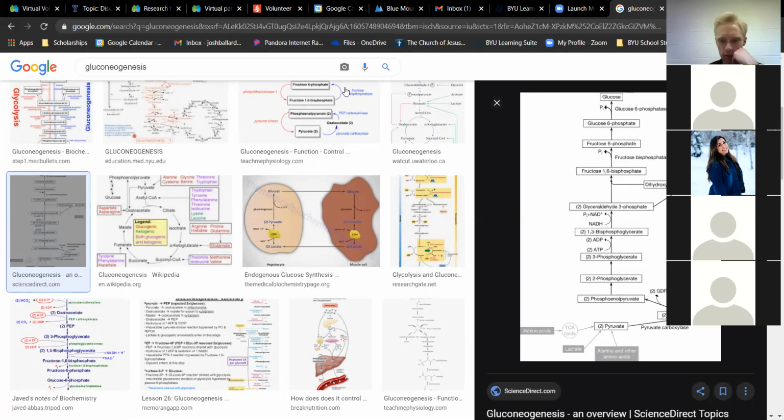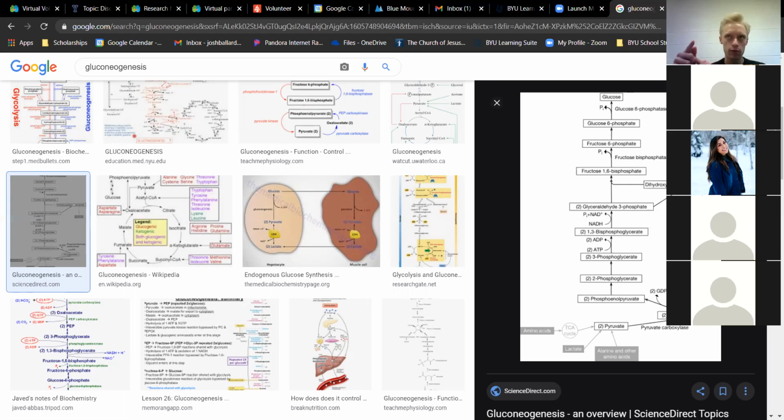So the first 2 steps that we're talking about were these 2, the pyruvate carboxylase and the PEP carboxykinase. And then these steps are all the same in glycolysis. So we still have phosphoglycerate, that's from step 8. But we see a PEP, and then this is reverting back to phosphoglycerate. What helped me was that all of the enzymes and steps that were reversible were the same in gluconeogenesis and glycolysis.